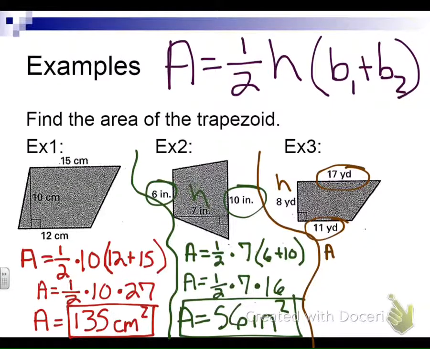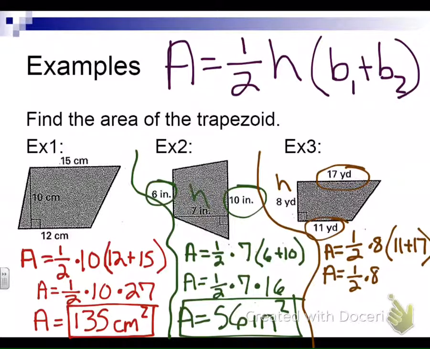Okay, so area equals 1/2 times 8 times 11 plus 17. Okay, so area equals 1/2 times 8 times 28. What do you guys get? Did other people get that? Okay.